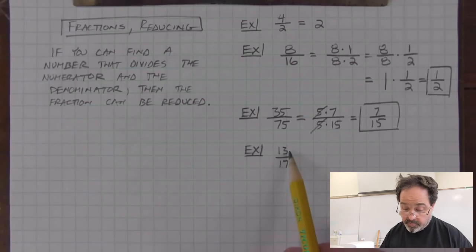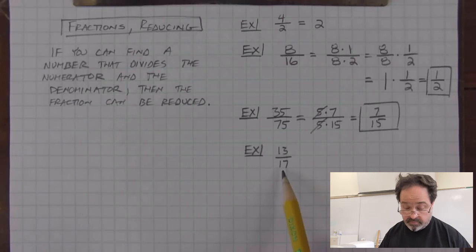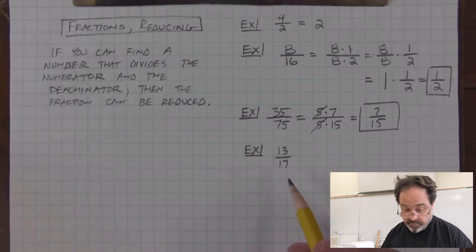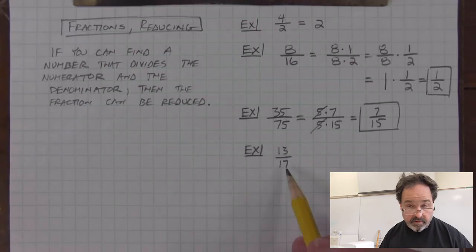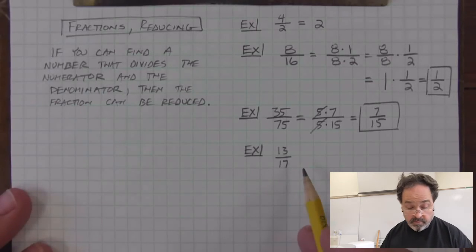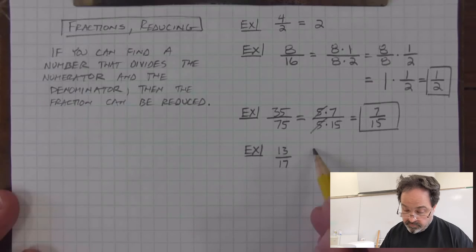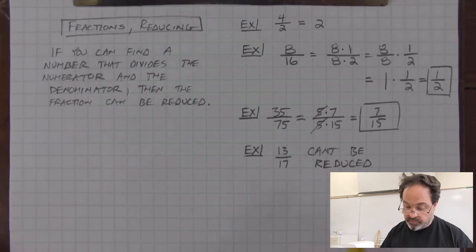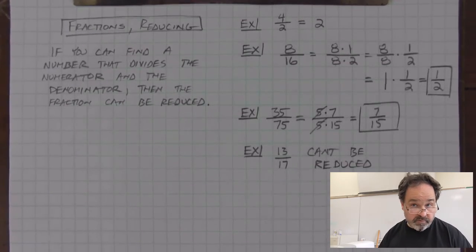I will not find a number that divides 13 or 17, let alone the same number. The reason for this is because 13 and 17 are what we call prime numbers. So this fraction can't be reduced. There is no number that divides both the 13 and the 17. So we can't write it in simpler terms. We'll simply stop there.